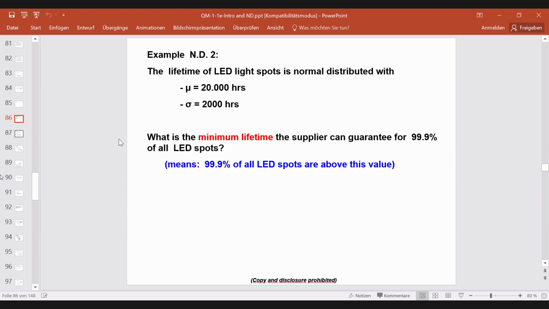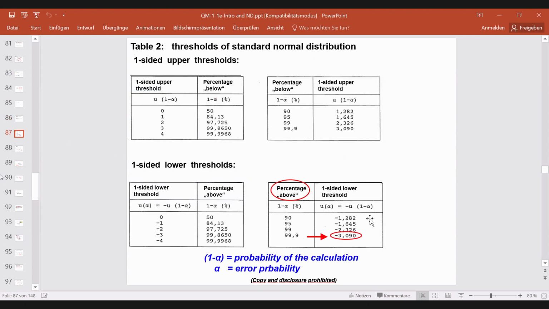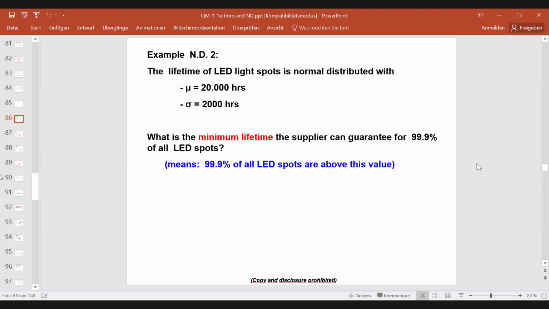This means you have to go into this table here for the single-sided or one-sided lower thresholds, and you have to have a look at the percentage above. You want to know the minimum lifetime for 99.9% of all the LED spots.